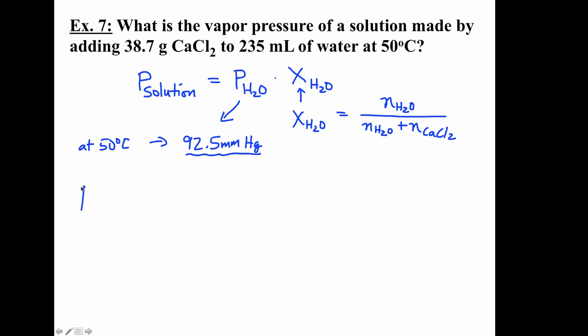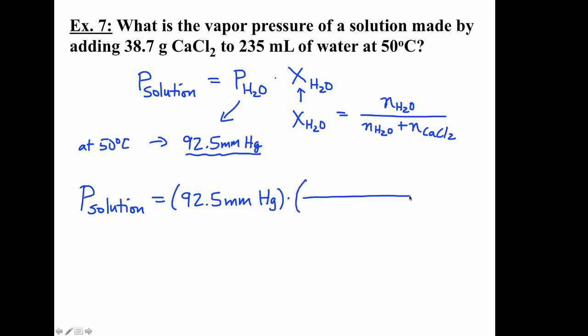So we'll go ahead and calculate vapor pressure of solution equals pressure of water, which is 92.5 millimeters of mercury. And there's no particular unit necessarily needed here. We can use whatever unit we want for pressure. We'll just stay with the one we were given. And then we multiply that by the mole fraction of water.